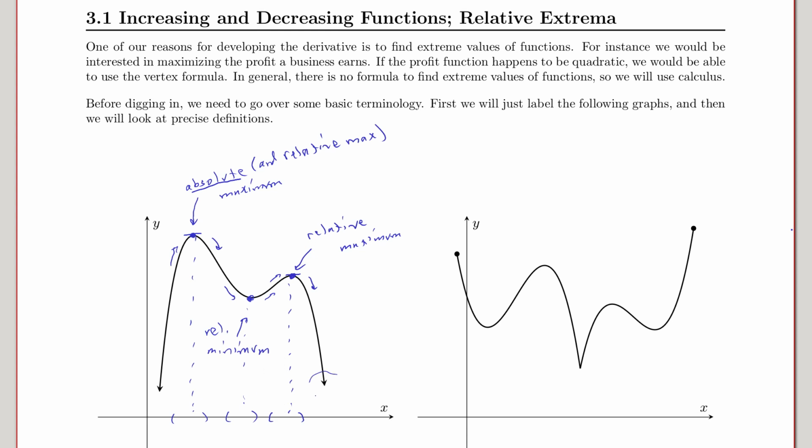There are points far below that point. It is just a valley. It's a low point on this interval. And for this graph, there is no absolute minimum, because those arrows indicate the function goes downwards forever.